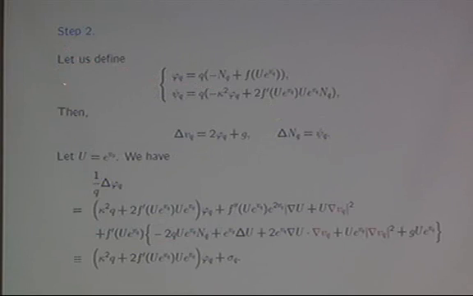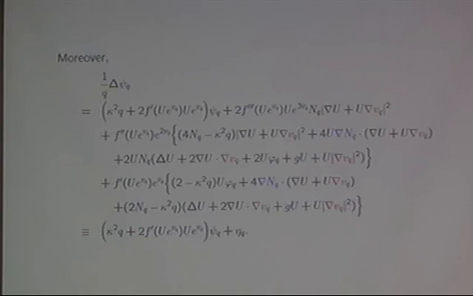In the second step, we define two functions, VQ and psi Q. Then the first equation corresponds to this one, and the second equation corresponds to this one. Moreover, we can calculate the Laplacian of VQ to obtain this a little more complicated system, and a more complicated identity.